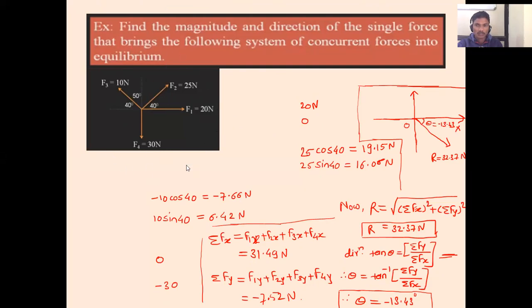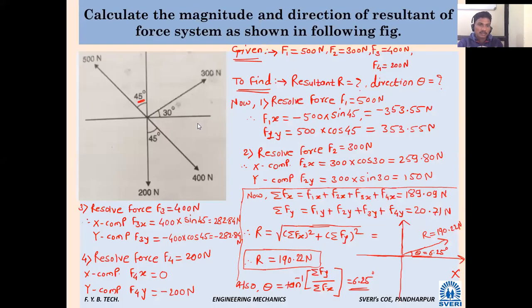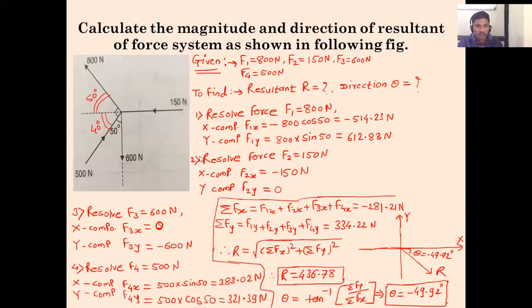Coplanar, concurrent. These are the concurrent forces. Next, we solved an example where the number of forces was 4 and we found the resultant and its direction.